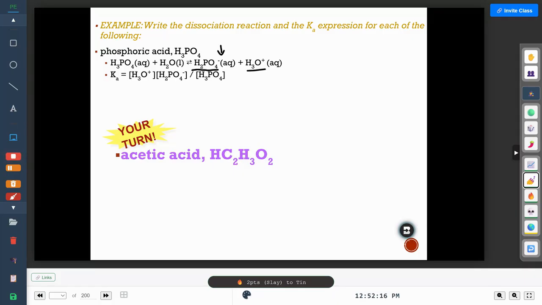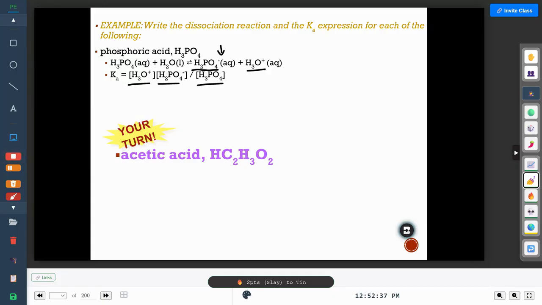So we're going to make a hydronium ion, which of course is the root of what all of our acids are, right? And so now we take our hydronium ion times our conjugate base, and then we divide that by our original weak acid to get our value for K sub A.